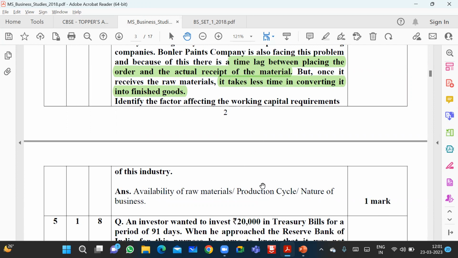Then it's related to the production cycle, and it takes less time in converting it into finished goods. Then it's basically the production cycle, and the previous one was the availability of raw material. So three factors were given in the question. You have to write one factor only, and if your factor is correct, you will get one full mark.